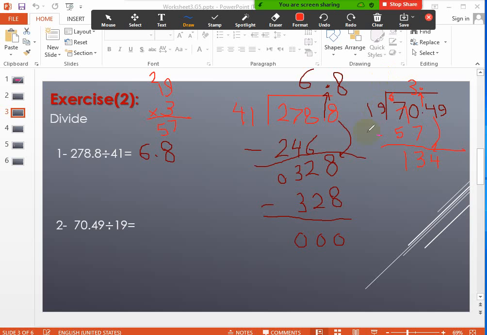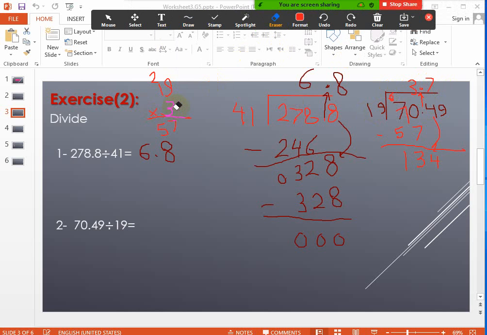Now, how many 19 in 134 do you think? Okay, let's try 7. Maybe it will be between 6 and 7. So let's try 7. 7 multiply 19.